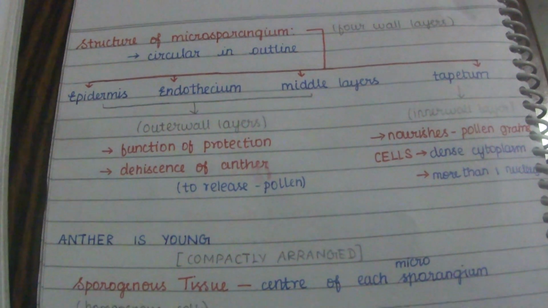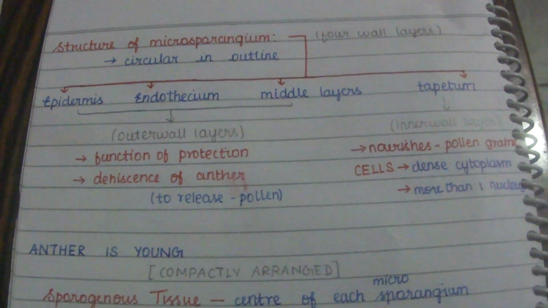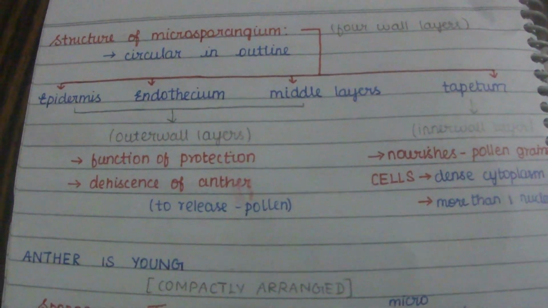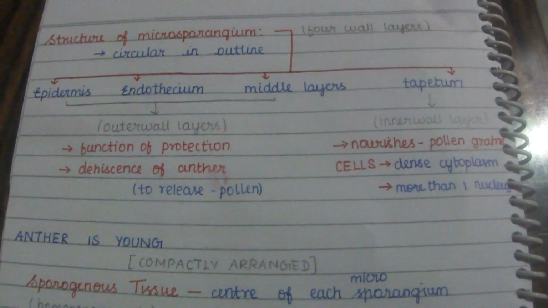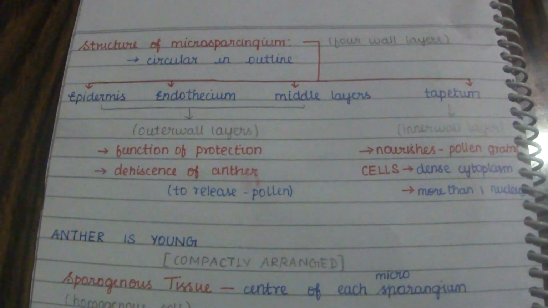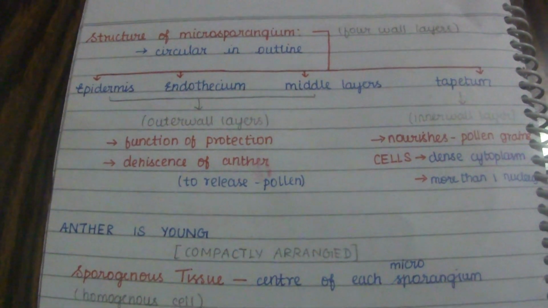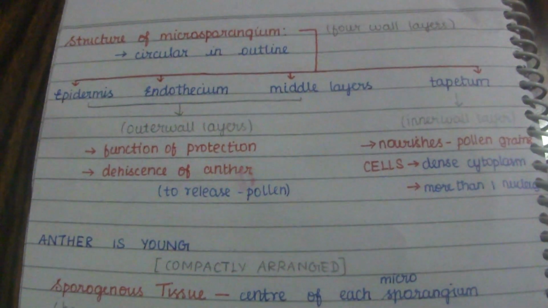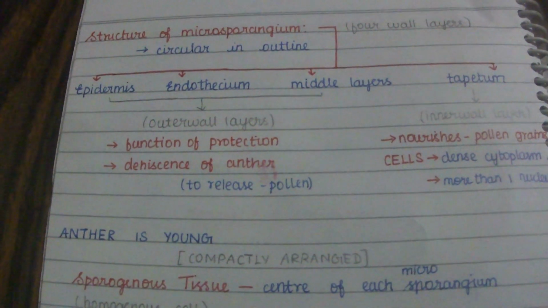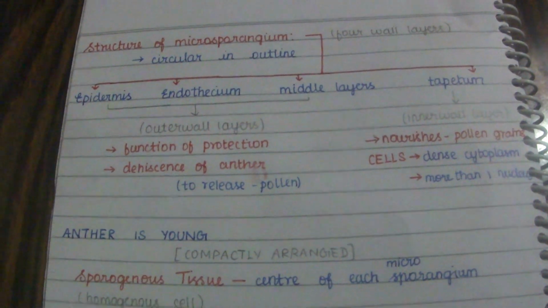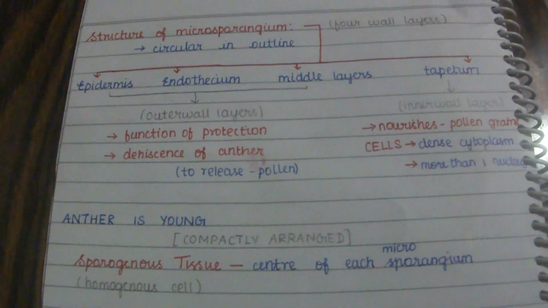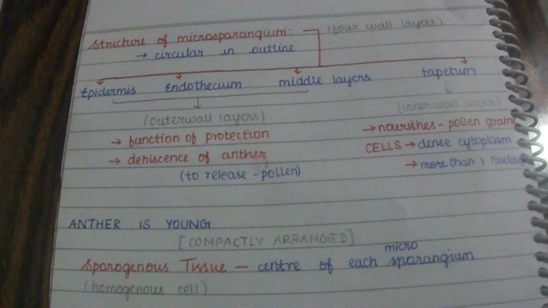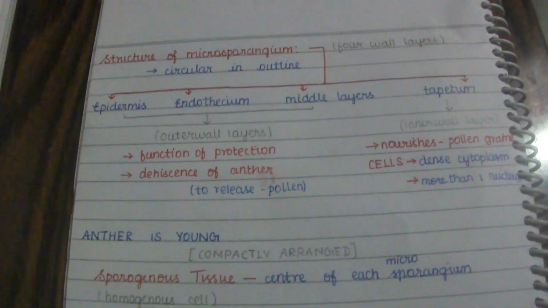The tapetum is the innermost wall layer, and it nourishes the pollen grains. The cells of the tapetum have dense cytoplasm and more than one nucleus.